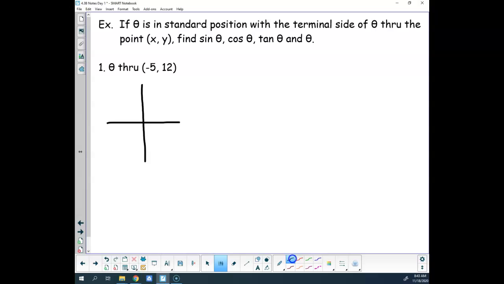Quadrant 2? Yep. So that would be 5 over and 12 up would put me right there. So this angle here is theta. This angle here is theta prime.